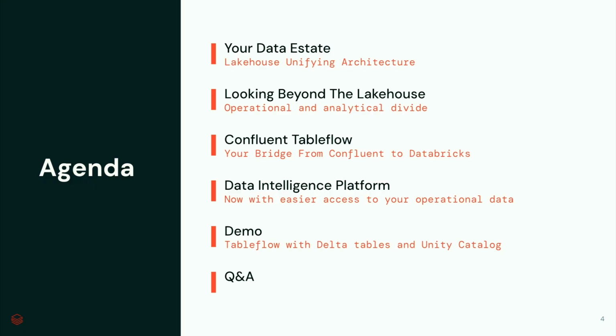And that's where we're going to look at how Confluent Tableflow, along with Delta tables and Unity Catalog, make it easier for you to expose all your streaming data for your analytics estate. And finally, we'll wrap it up with an end-to-end demo of using Confluent Tableflow with Unity Catalog and using Databricks to perform analytics on your streaming data.